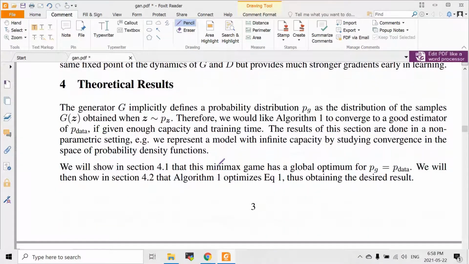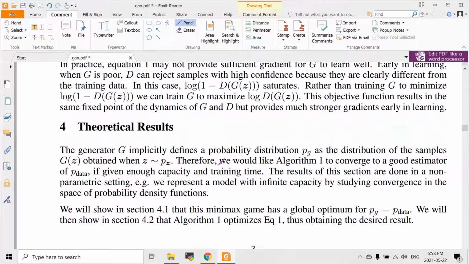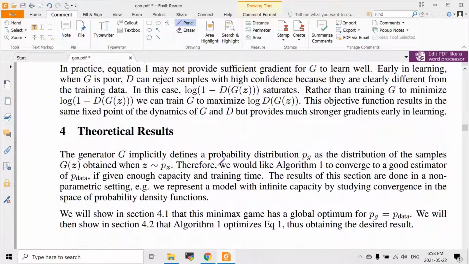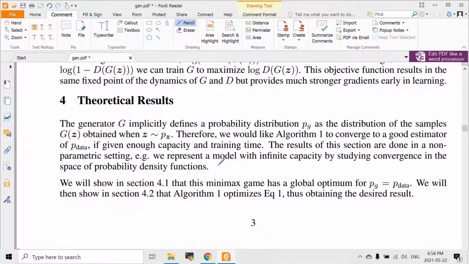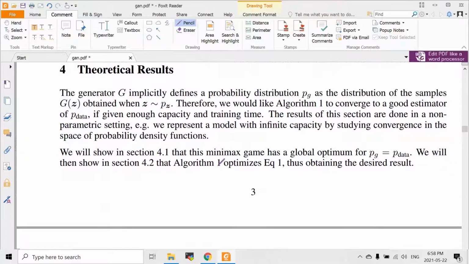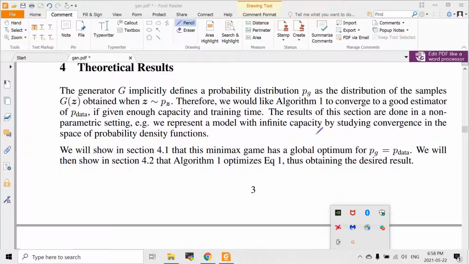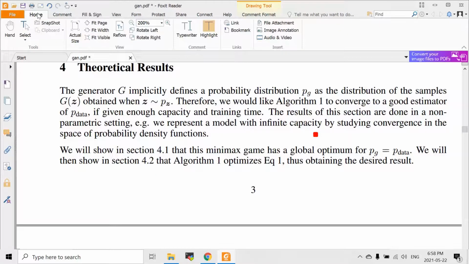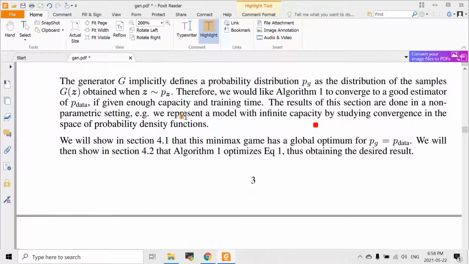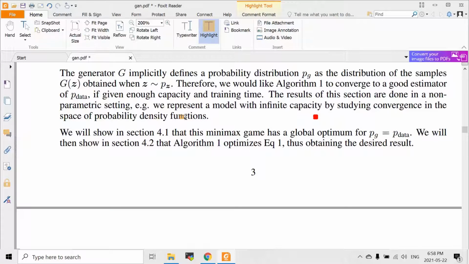So the theoretical results: the generator G defines a probability distribution PG as the distribution of the samples obtained when Z is drawn from PZ.